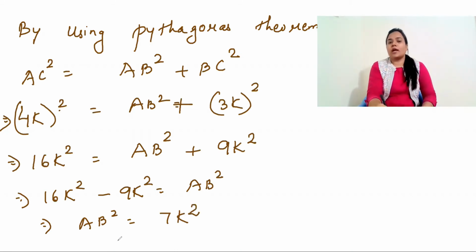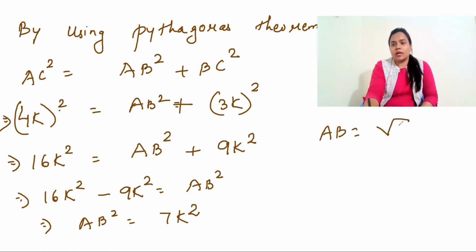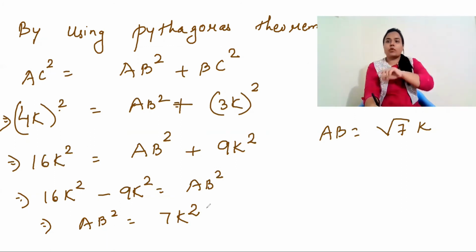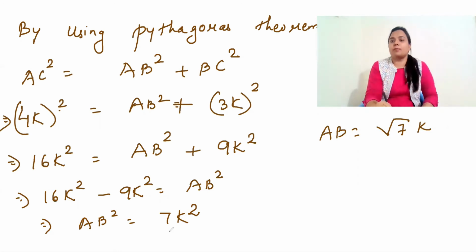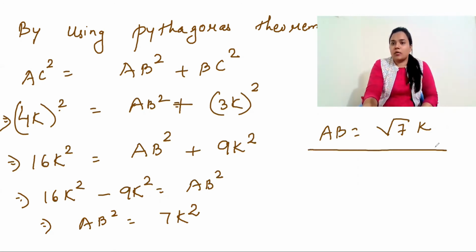When we take the square root, AB will be equal to root under 7 and K will come outside because on K it is square. So square root of K square will be K, but square root of 7 will be 7 as it is not any perfect square. We got now AB is root under 7K.